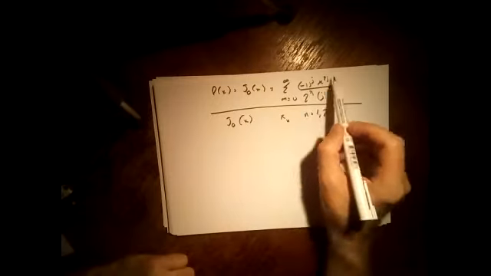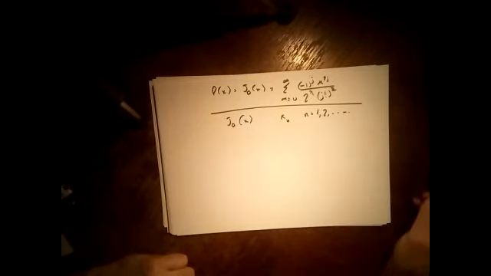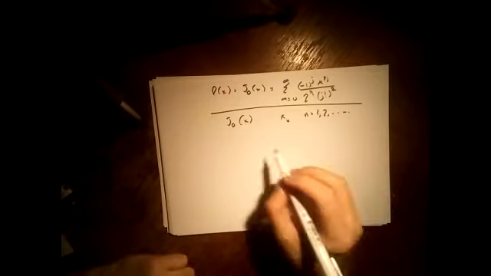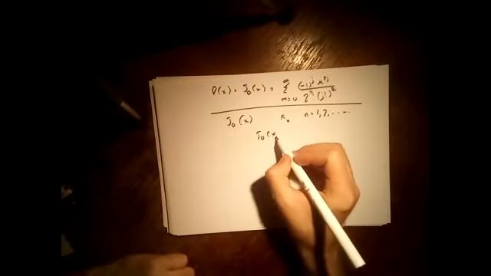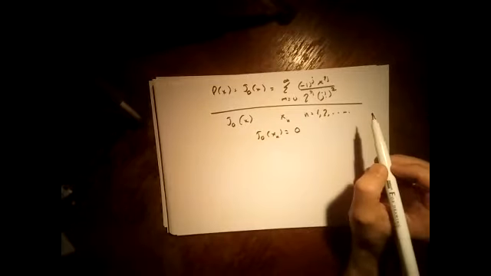It's an alternating series. This minus 1 makes it alternate. So these zeros exist, J0 of x_n equals 0, and there's an infinite number of them because this is an infinite series.